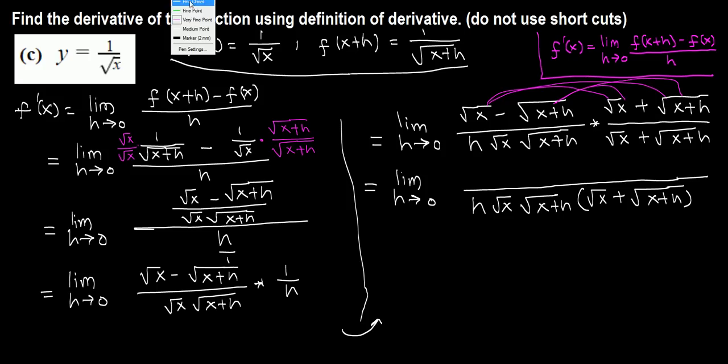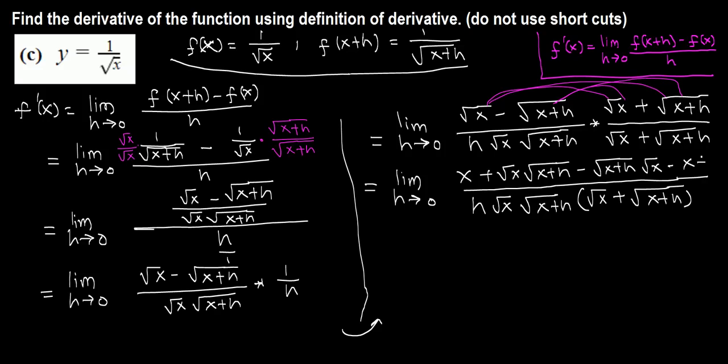We distribute. Square root of x times square root of x is simply x. We've seen this before. Then square root of x times square root of x plus h, we want to write both of them, plus square root of x times square root of x plus h, minus this one times this one: minus square root of x plus h times square root of x, minus square root of x plus h times square root of x plus h.